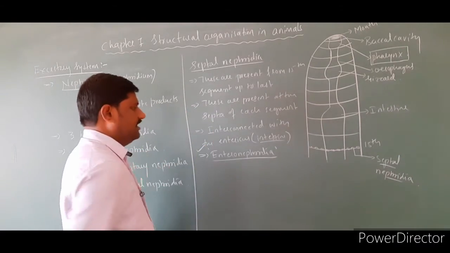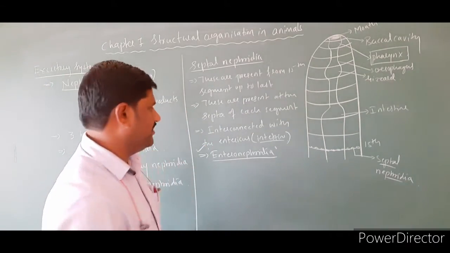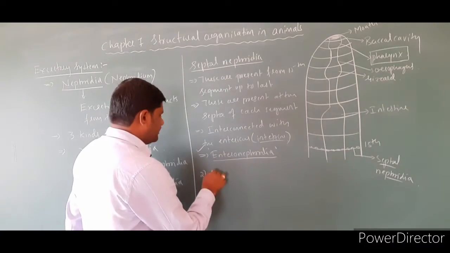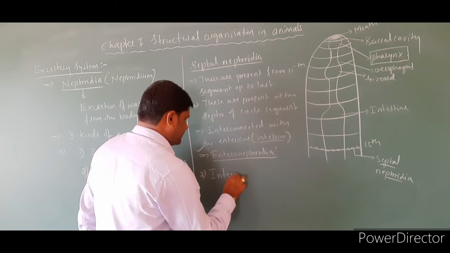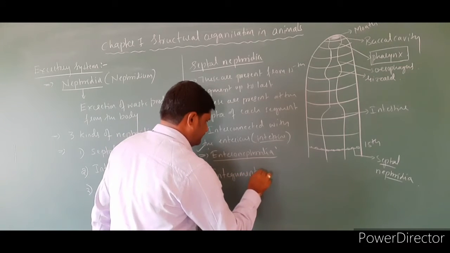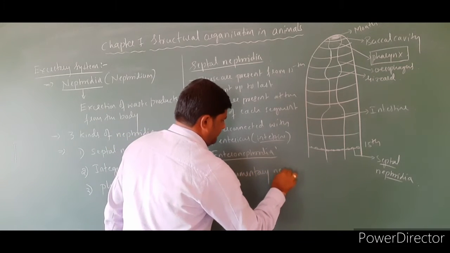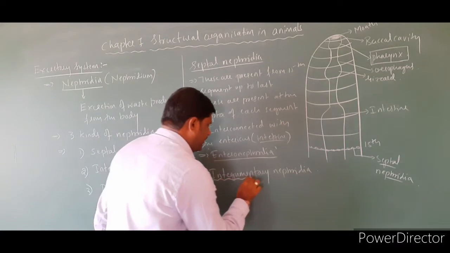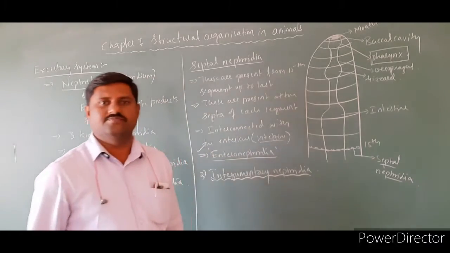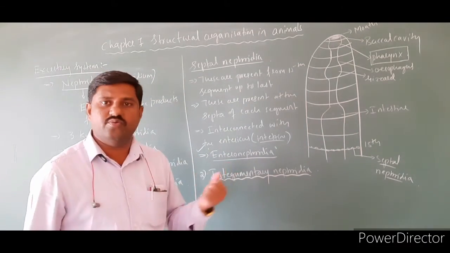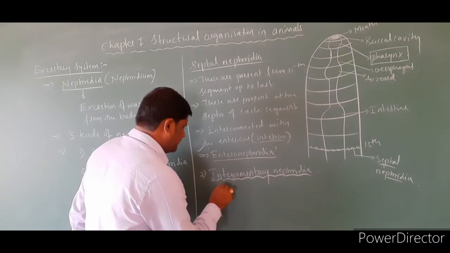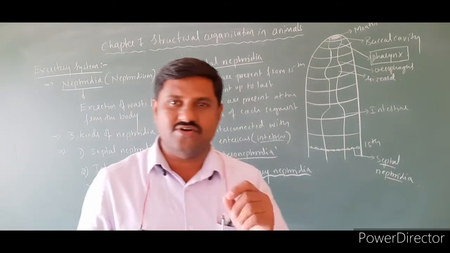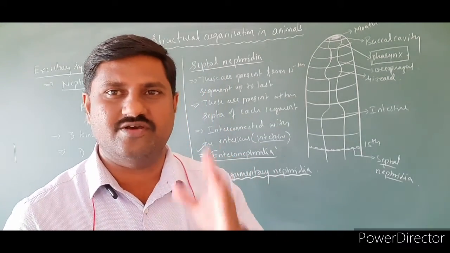So enteronephridia is one type of nephridia, and the second type of nephridia are the integumentary nephridia. So these are the second type of the nephridia. And what do you mean by integument? That is nothing but skin, means on the body wall these are distributed on the body.